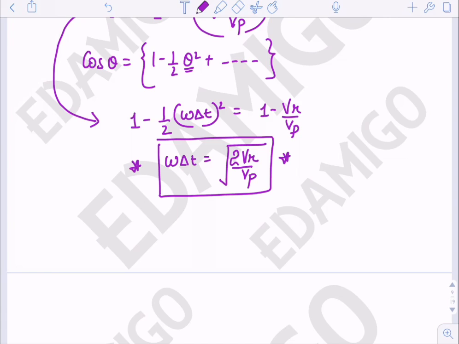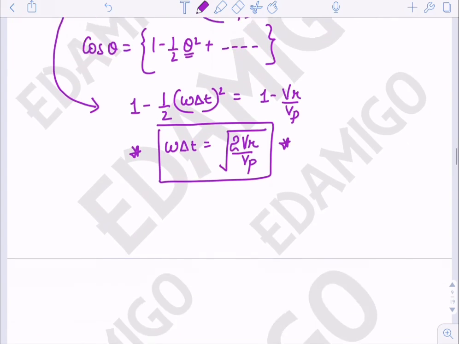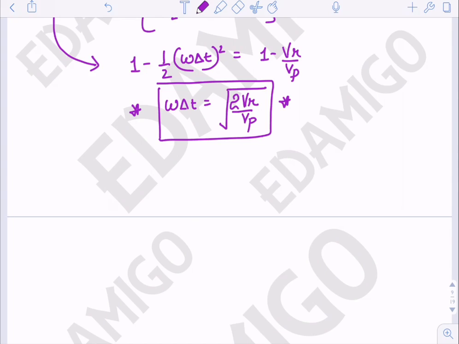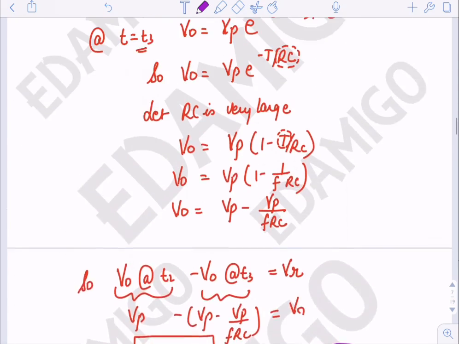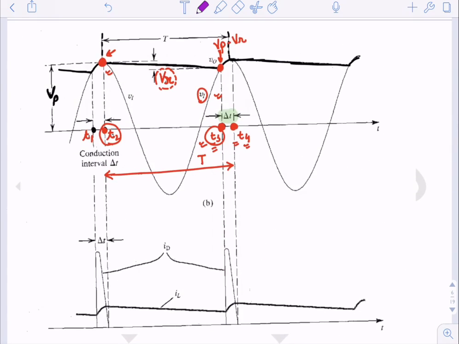Now we have to find the average value of the diode current. First of all, let's move on to the figure. As we know, the diode will turn on only in this region.